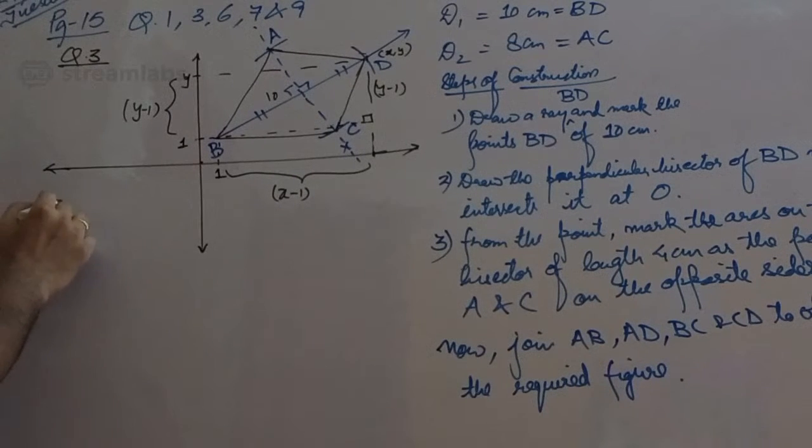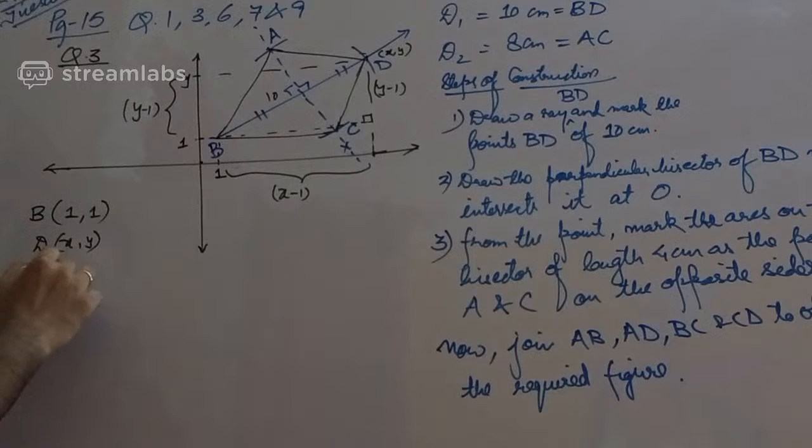So I'm starting with, say, point B is 1 comma 1, then say point D is x comma y, then what I can say is the length BD is actually 10.